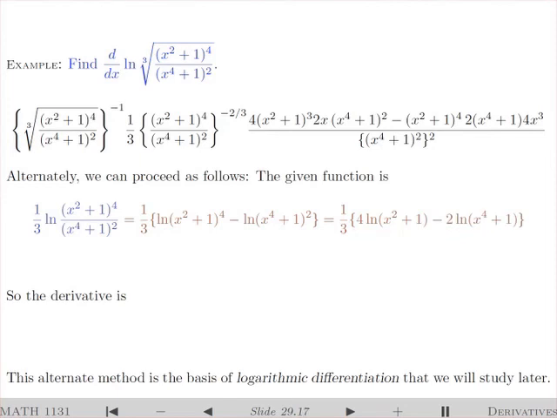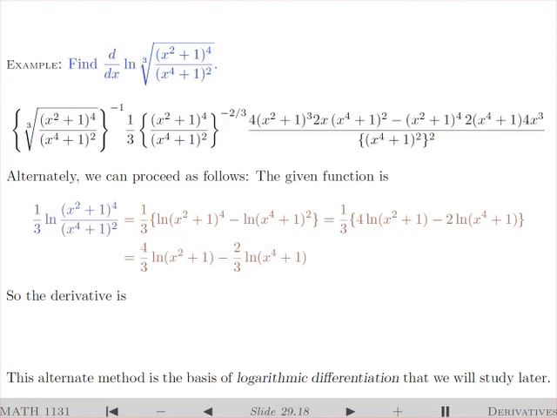Now if I distribute the 1/3, I get 4/3 ln (x squared plus 1) minus 2/3 ln (x to the power 4 plus 1). Now I can differentiate this, which is a lot easier than differentiating the original expression.